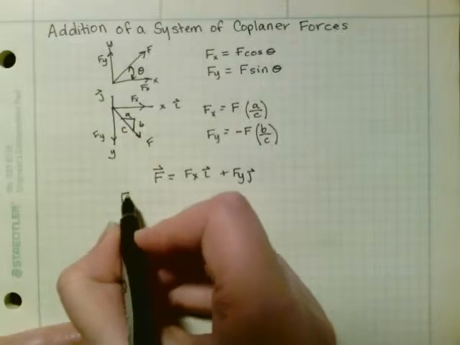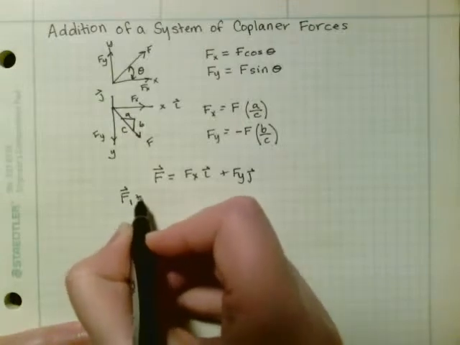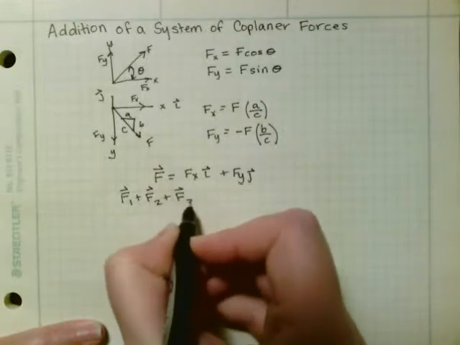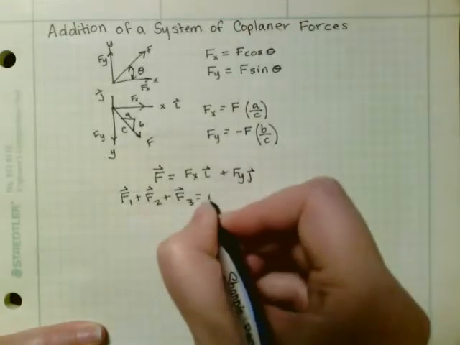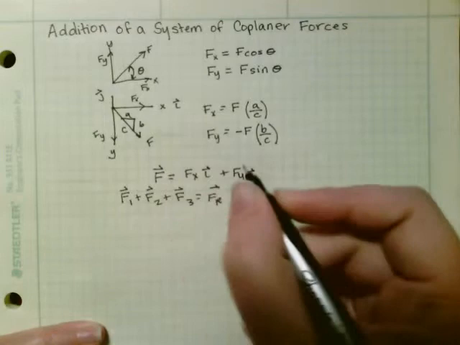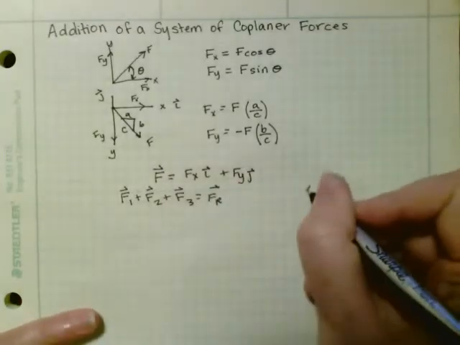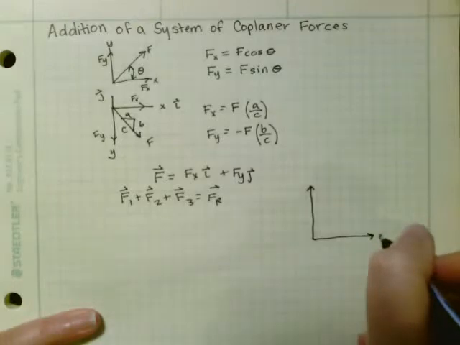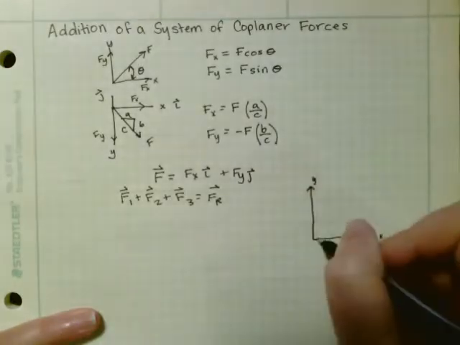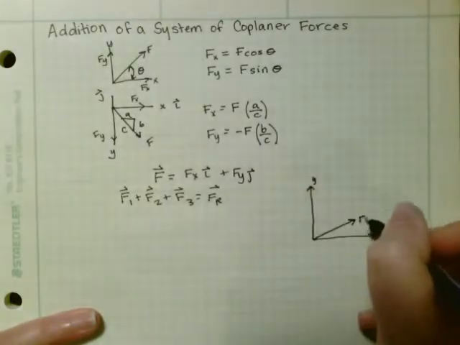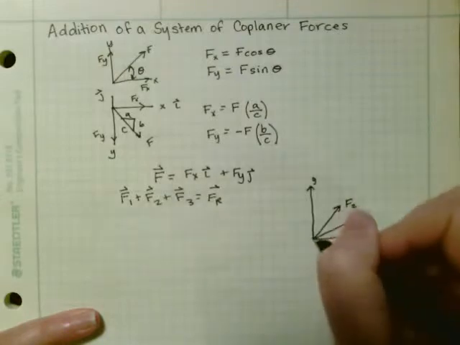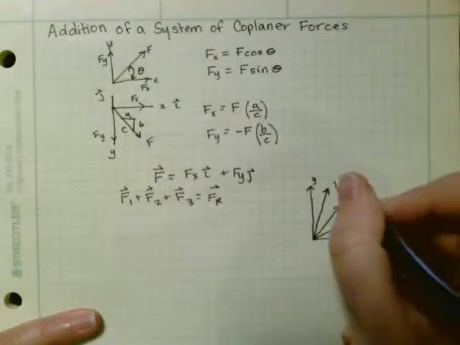So now what we can do is F1 plus F2 plus F3 is equal to the resultant force. So let's say it looks something like this. We've got F1, F2, and F3.